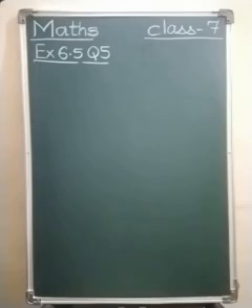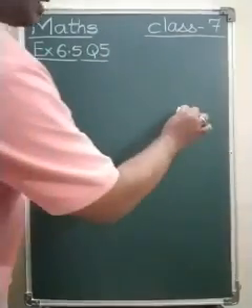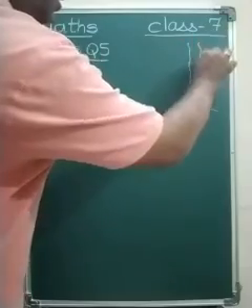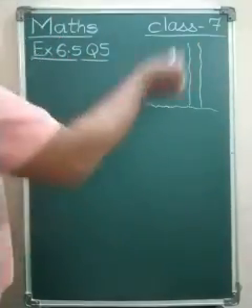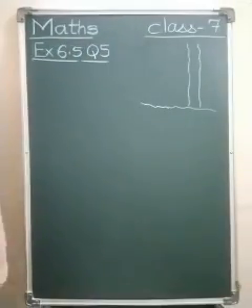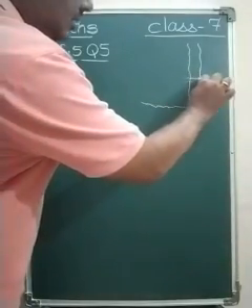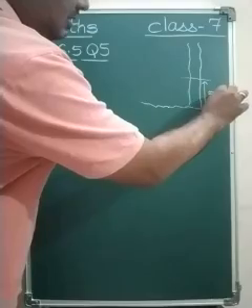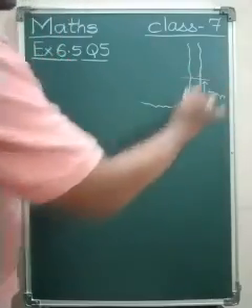A tree is broken at a height of 5 meters from the ground. Suppose this is the ground level and say this is a tree. We say this is a tree and at somewhere at this point, this is at 5 meters from the ground level, the tree is broken here.